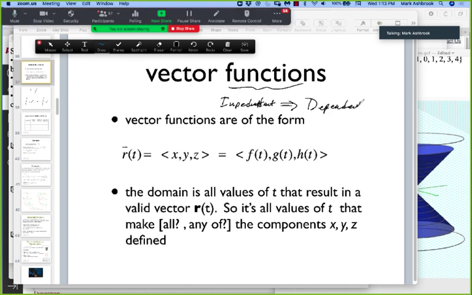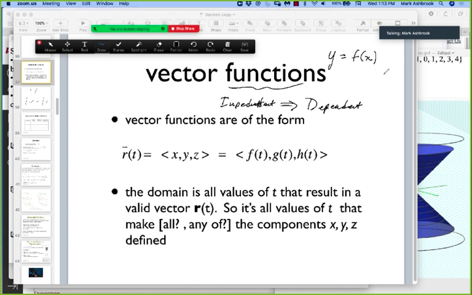So, you know, your basic functions that you've lived with your whole math career have been, the independent variable was a scalar, right? X was a real number, and for every real number, you got exactly one real number y. So both your independent variable and your dependent variable was a scalar or a real number. Okay, so that's called a real valued function. Real valued means that what comes out is a real value.